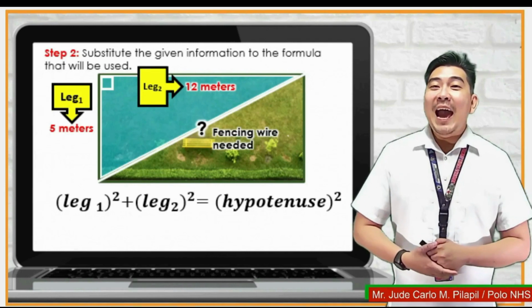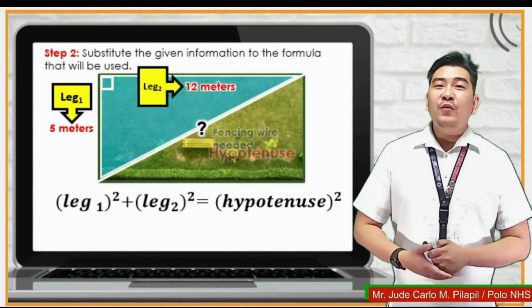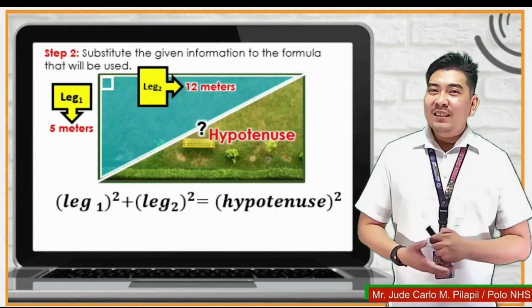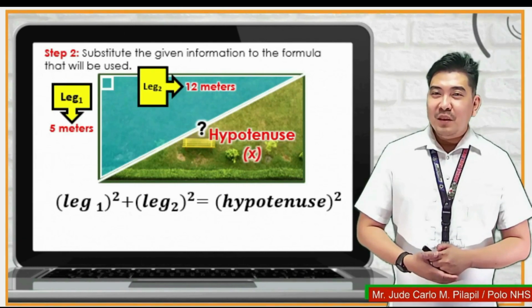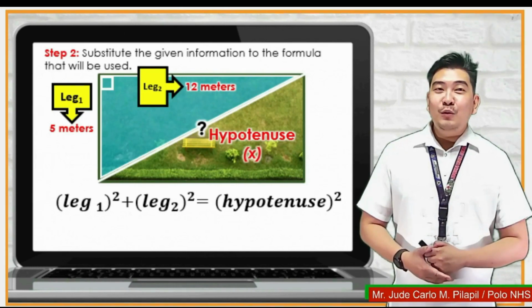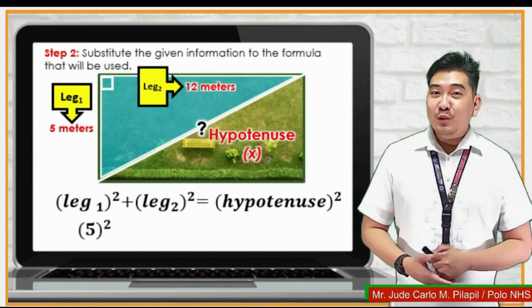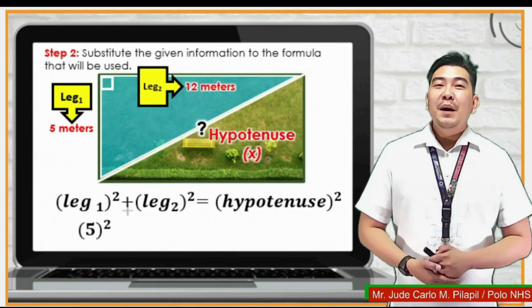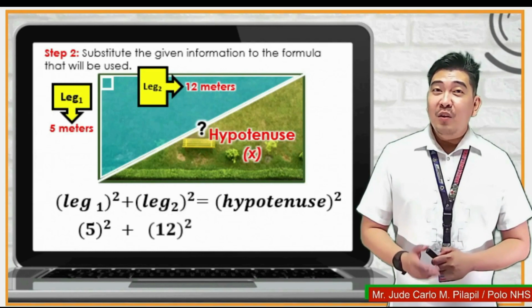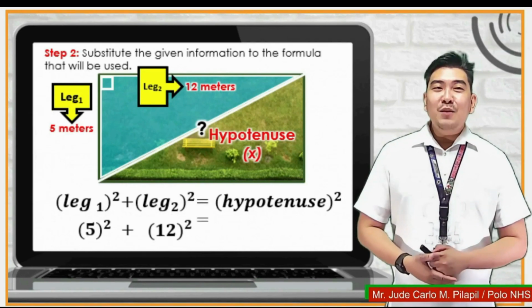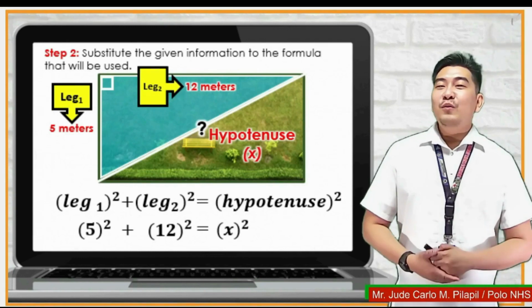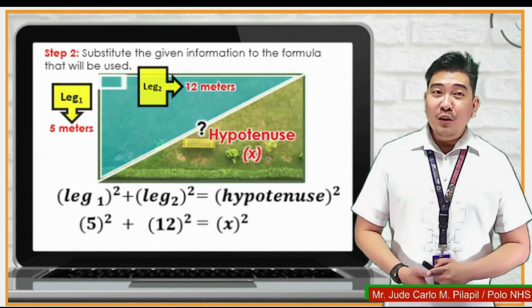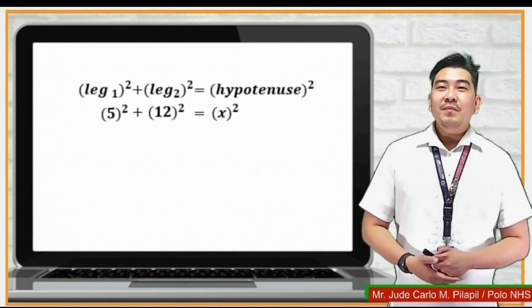The problem asks for the length of the hypotenuse, and let us say that it is represented by x. Substituting the values, we now have 5 squared for the first leg plus 12 squared for the second leg is equal to x squared. Let us continue solving the given equation and go to step number 3.